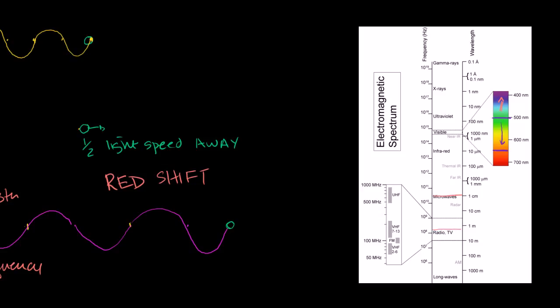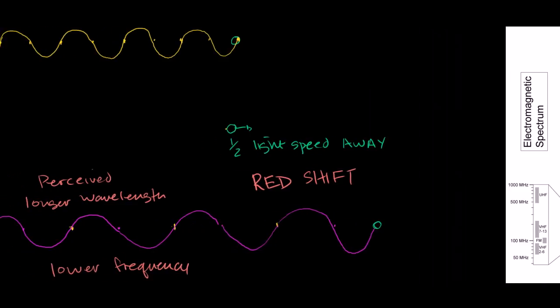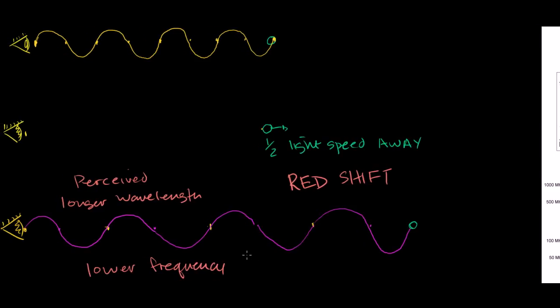And actually, I should have talked about this in the video on the microwave background radiation: we're perceiving it as microwaves, but the sources were moving away from us. They were being redshifted, so they were not actually emitting microwave radiation. What we observe, and this is actually what would be predicted based on the Big Bang, is microwave radiation. So anyway, hopefully that gives you a sense of what redshift is.